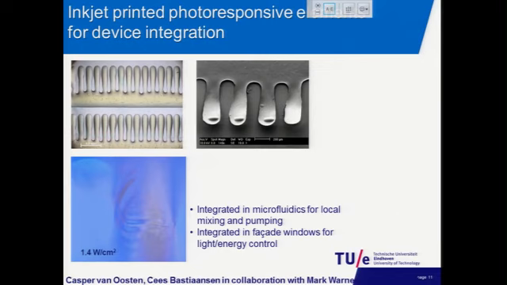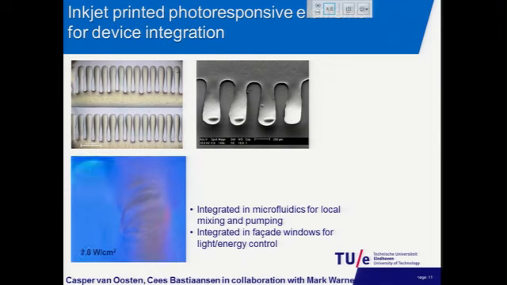bring this to a state where you could make little elements based on this system just by simple inkjet printing. So he was using an inkjet printer to print little fingers on a substrate, fingers of about a few hundred micrometers large, and each finger has this splay molecular alignment.